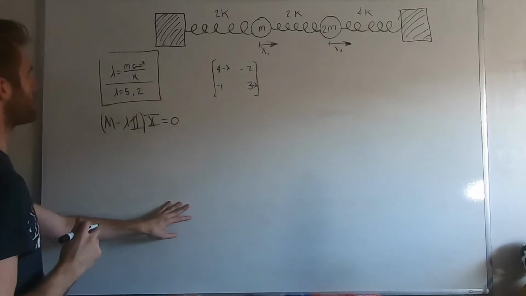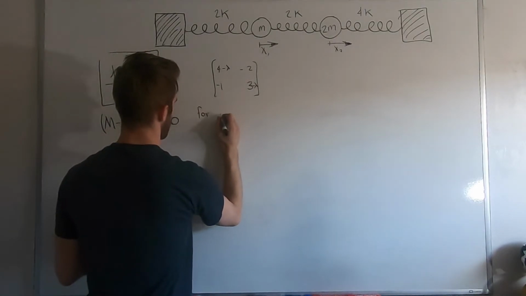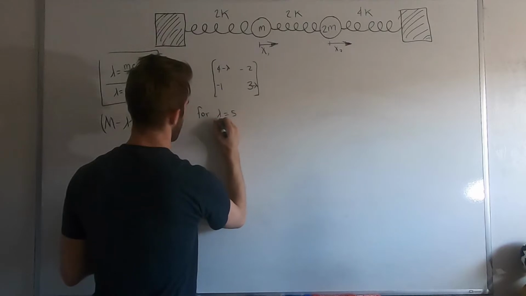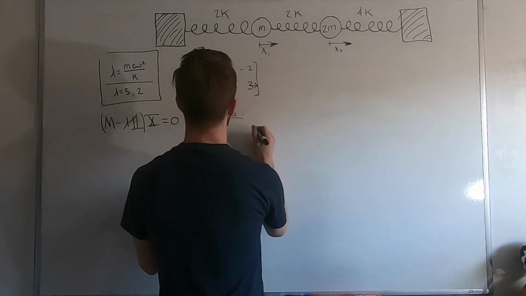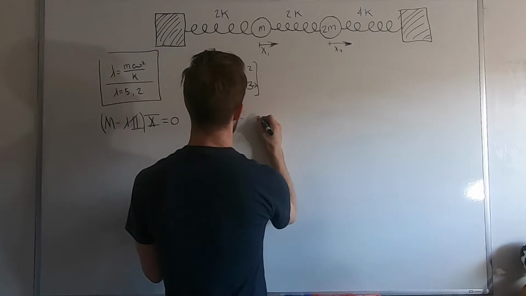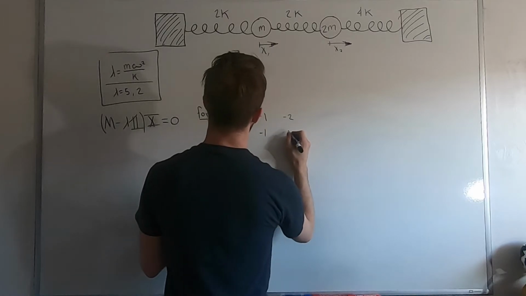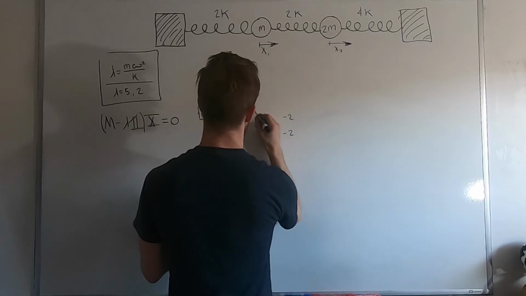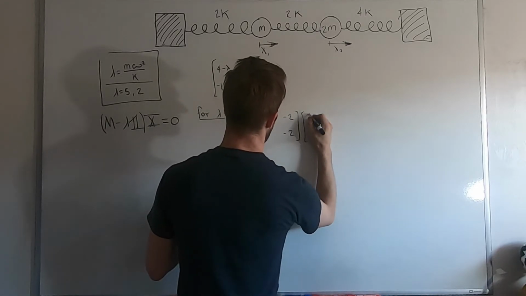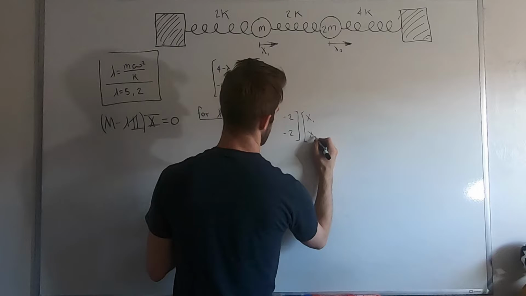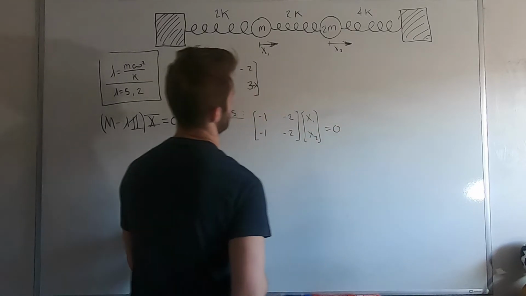All right, so for lambda equals 5, let's do that one. Let's start working this out. We're going to get 4 minus 5, which is negative 1, negative 2, negative 1, and 3 minus 5 is negative 2. This is all going to be multiplied by our column matrix, x1, x2, and that is going to be equal to 0.